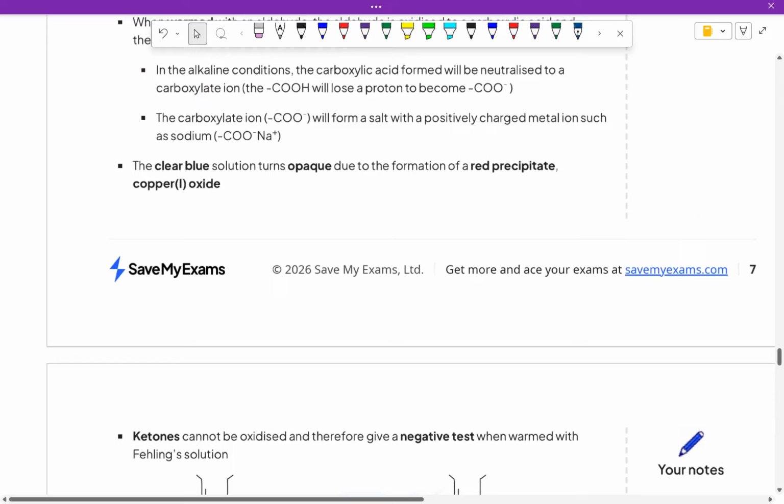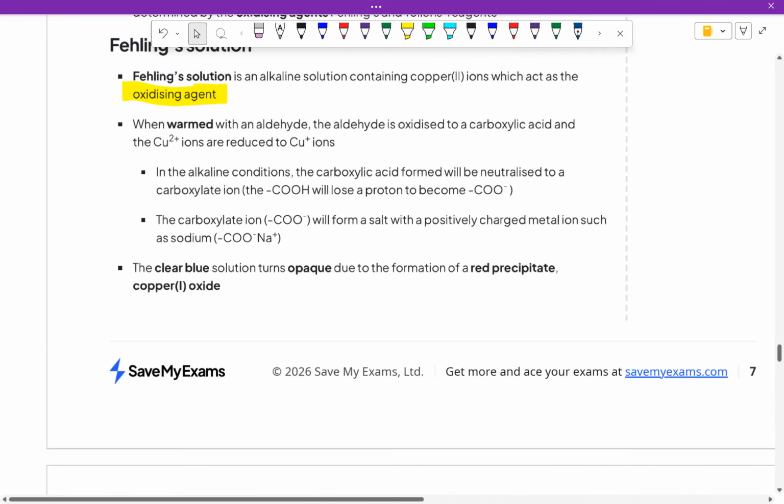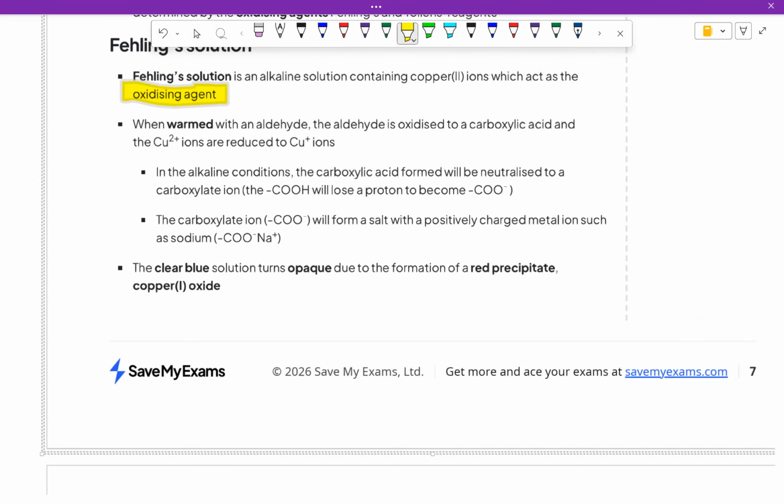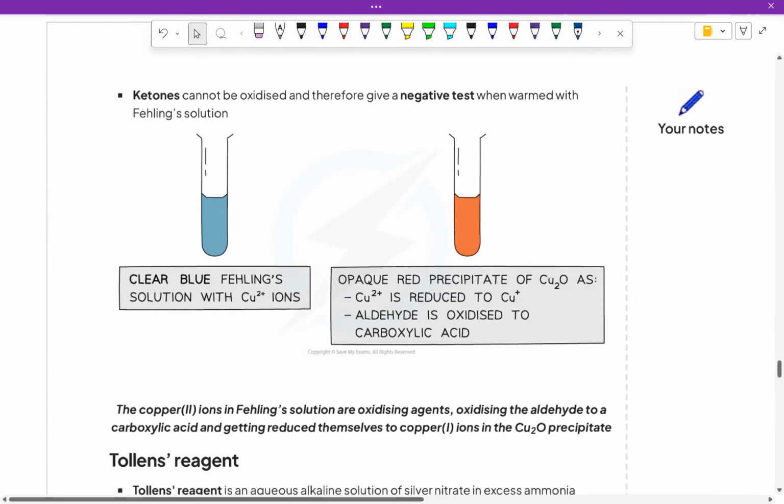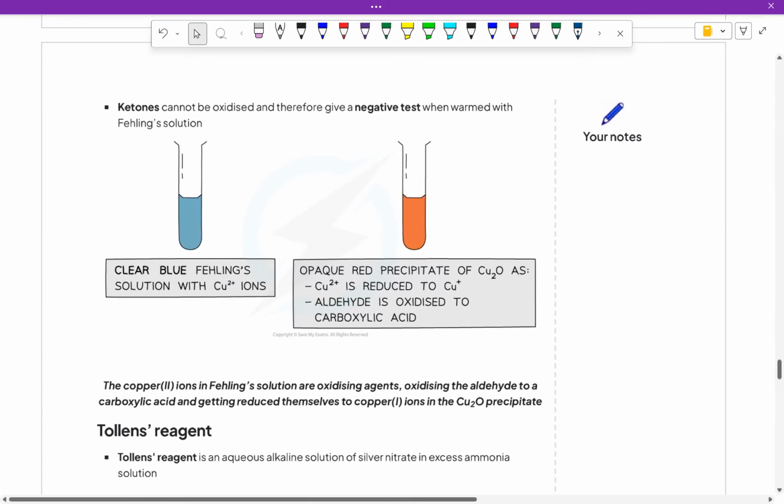If the clear blue solution turns opaque, then there exists copper oxide. That is our Fehling's solution coming with the copper, and that's the reason why it's bluish.